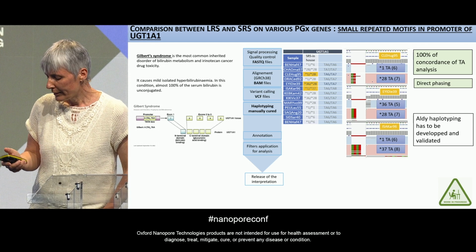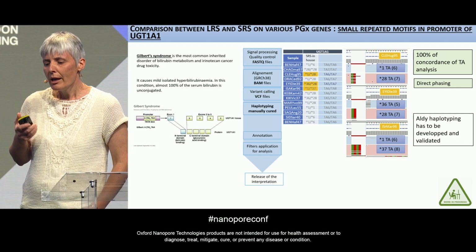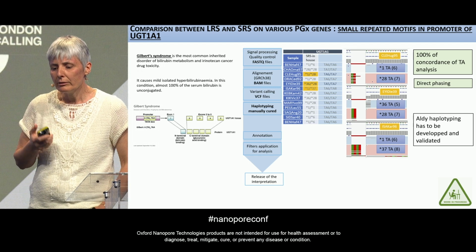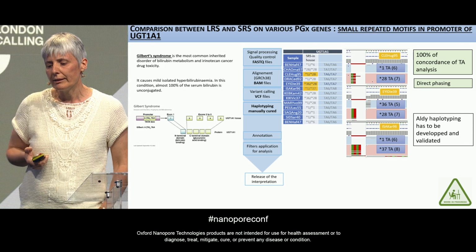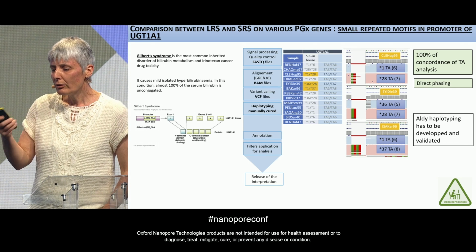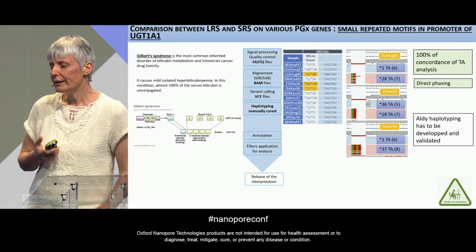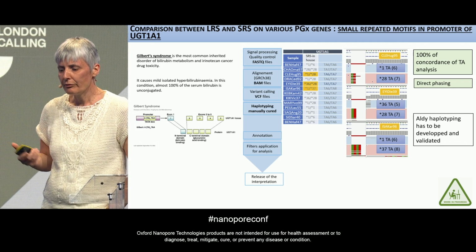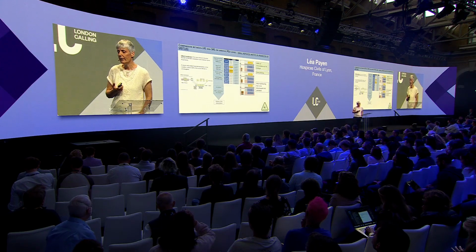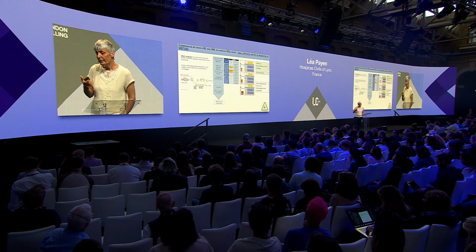And as you can see here, we have to count the number of T repeats in its promoter at its location. And according to the number of T repeats, the expression level will be different, and the metabolic activity will be different.